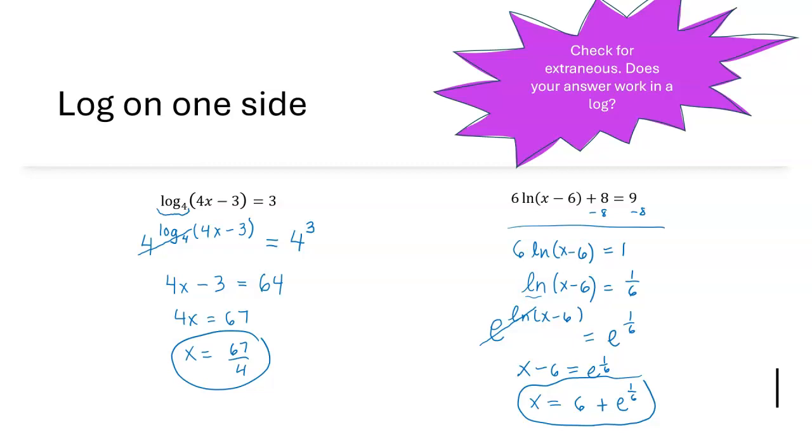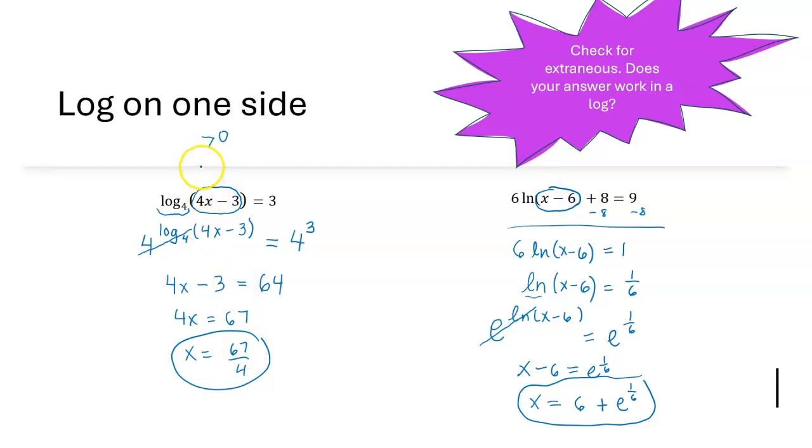I should check for extraneous answers, and what I mean by that is, will my answer actually work in the log? It won't work in the log if I get a 0. This value has to be greater than 0. So I want to make sure that I don't get a 0 or a negative answer when I plug it into the log.